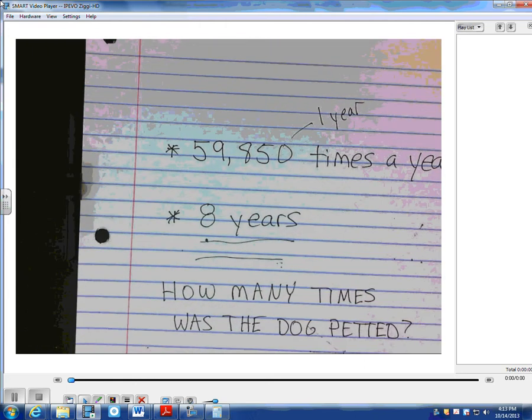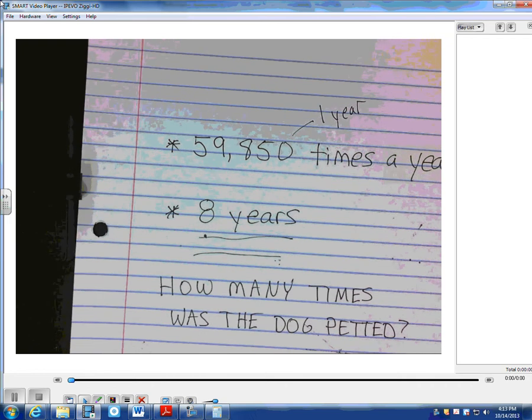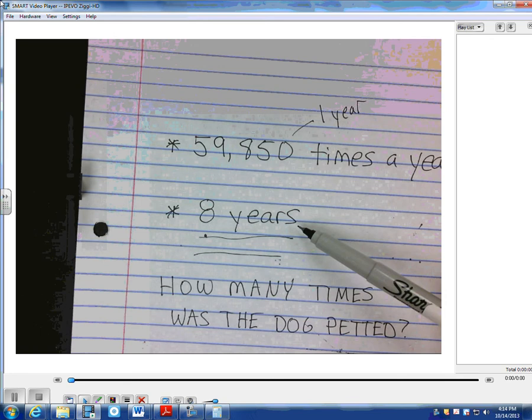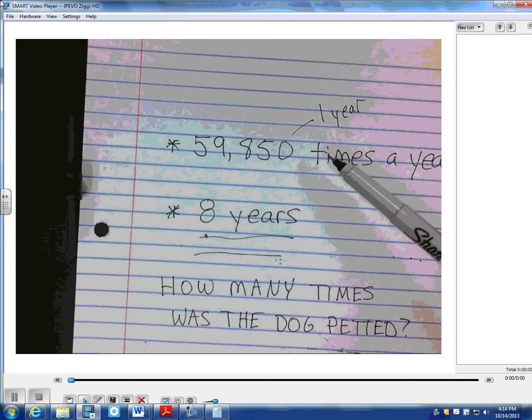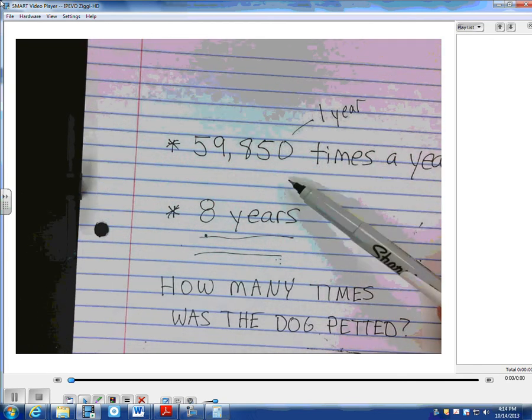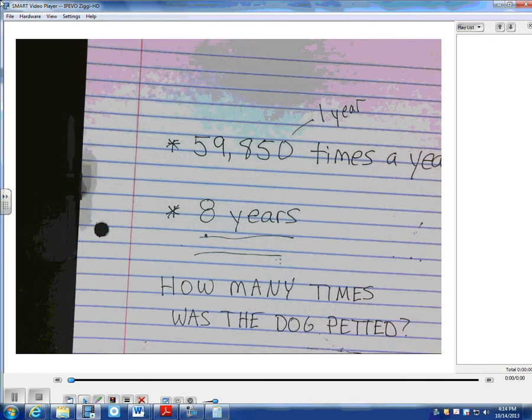So this is going to be a multiplication problem, because we know that the 59,850 is for 1 year, and they did the same thing for 8 years total. So we would have to find out, each year would be 59,850. So it is a multiplication problem.